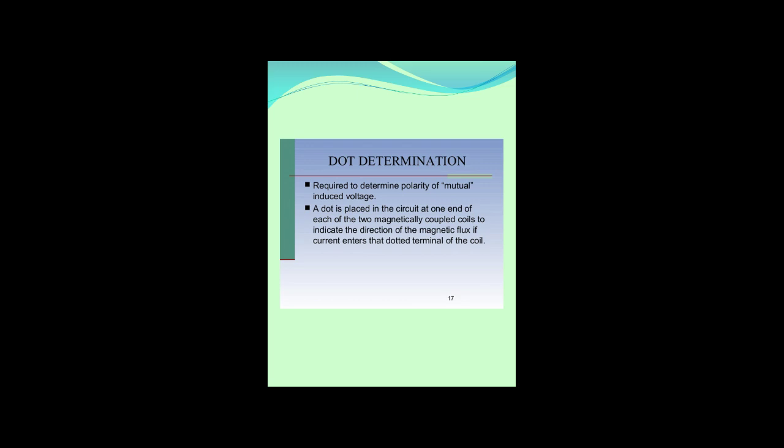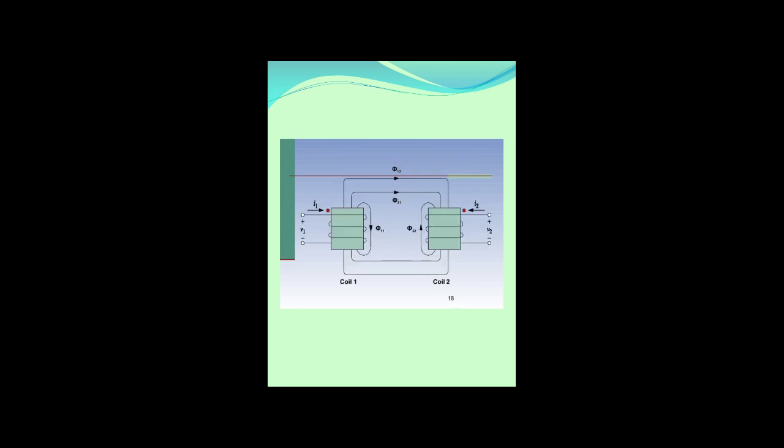Now dot determination is required to determine the polarity of mutual induced voltage. There are some rules. When the assumed currents both enter or both leave a pair of coupled coils by the dotted terminals, the sign on the M term will be the same as the sign on the L terms.